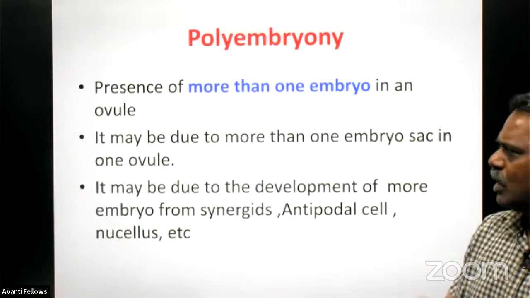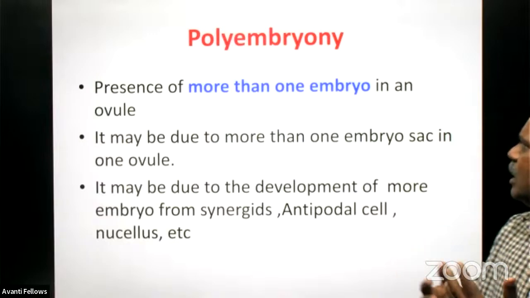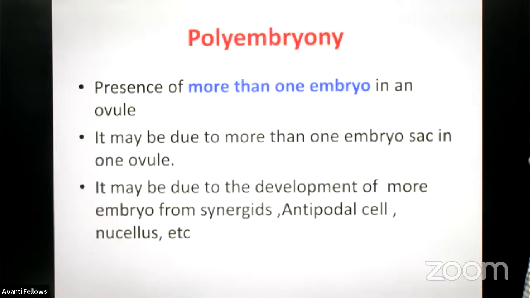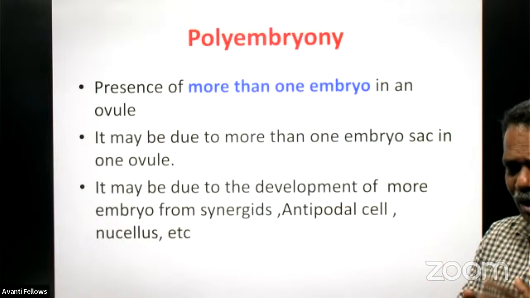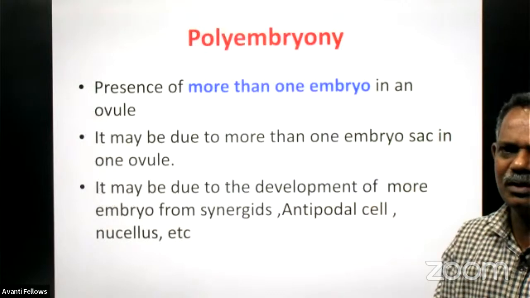The ovule develops to become the seed later, and this seed can produce many plantlets in case of polyembryony. So polyembryony is the presence of more than one embryo in one ovule, and it may be due to more than one embryo sac in one ovule. Normally one ovule consists of only one embryo sac developed from the nucellus cell only.